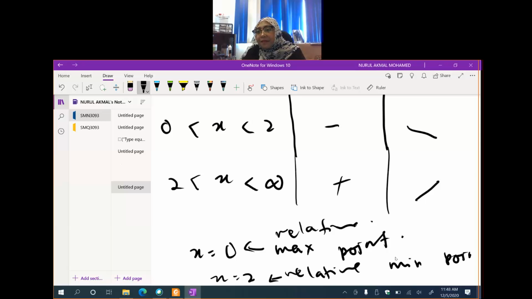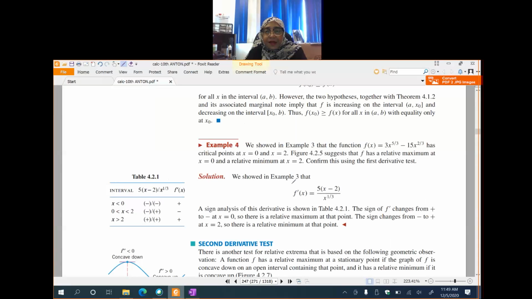Is it okay? Good. This is the conclusion from the first derivative test. It suggests that f has a relative maximum at x equal to 0 and a relative minimum at x equal to 2. Confirm this by using the first derivative test. So it's confirmed, we have done that.